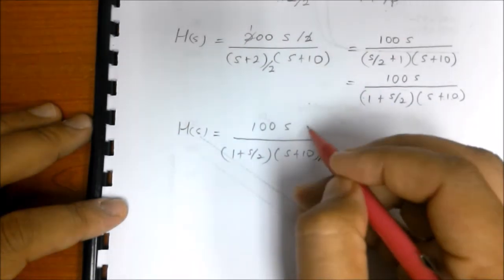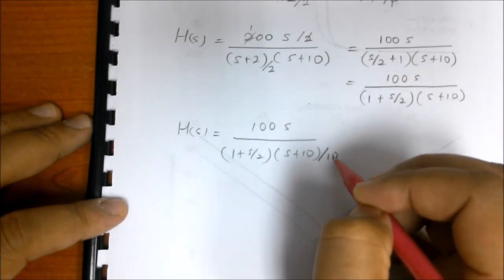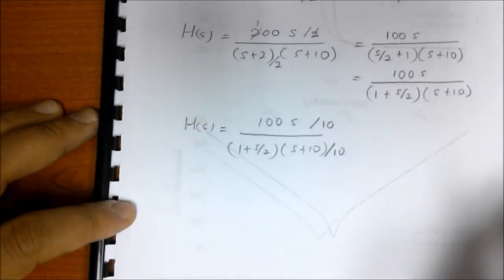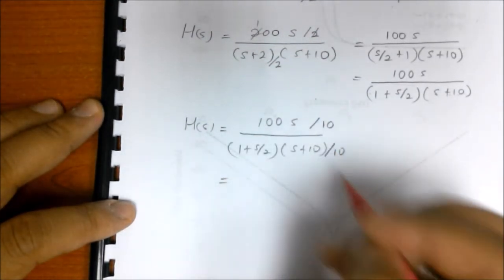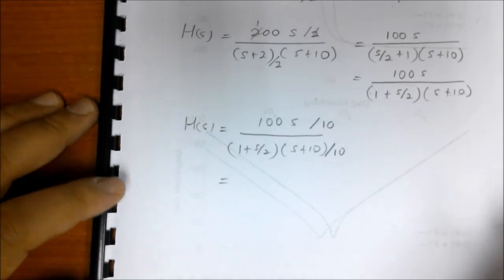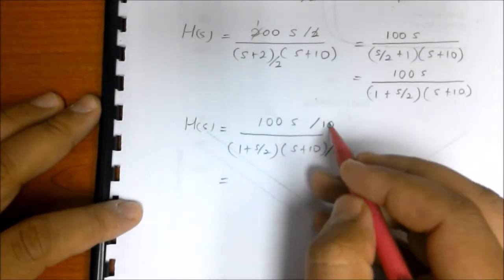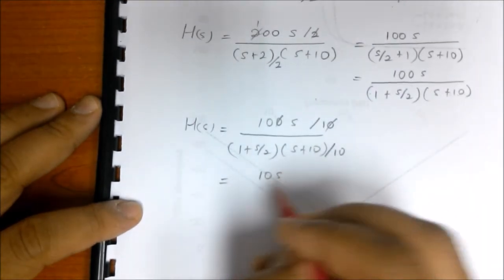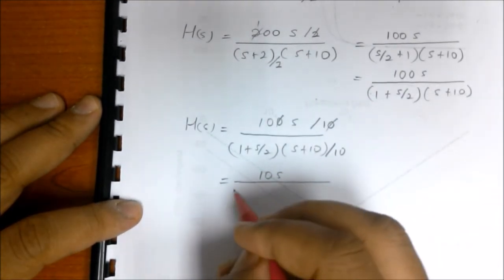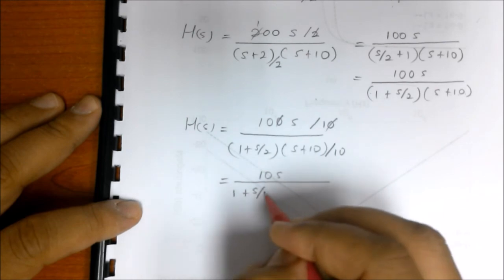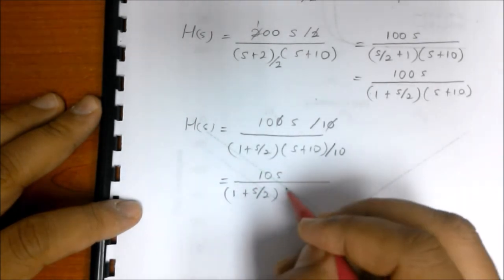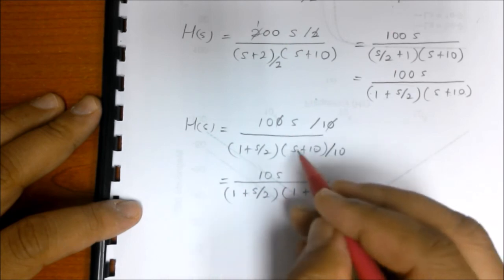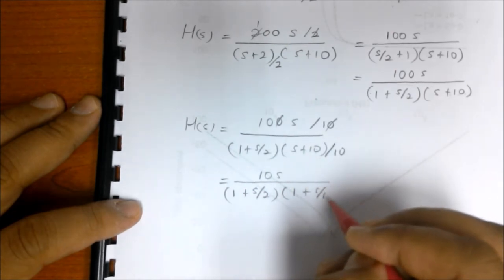Because we divide by 10 for the denominator, we have to divide by 10 for the numerator. Do not forget to divide the numerator. So here you get 10s, 1 plus s over 2. Now 10 divided by 10 is 1, and s divided by 10 gives s over 10.